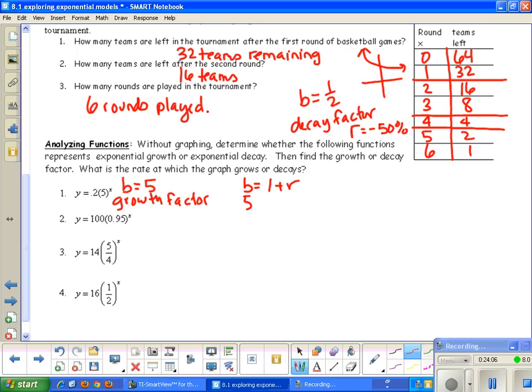In this case, since b is 5, we have 5 is equal to 1 plus r. If I solve, I subtract the 1, so 4 is equal to r. That's going to give me my rate, but we have to multiply this by 100 in order to get the percentage. So the rate at which you are growing would be a positive 400%.